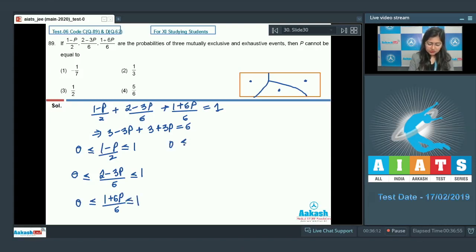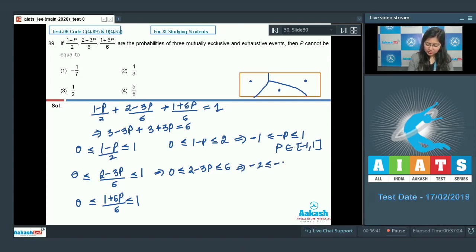Now this will give us 0 is less than equal to 1 minus p is less than equal to 2. Further it will give us minus 1 is less than equal to minus p is less than equal to 1. That is p will belong from minus 1 to 1. And from here we will get 0 is less than equal to 2 minus 3p less than equal to 6. Further it will give us minus 2 is less than equal to minus 3p is less than equal to 4.